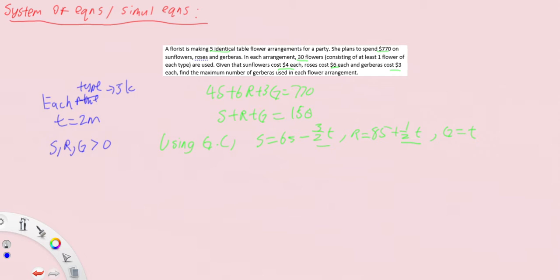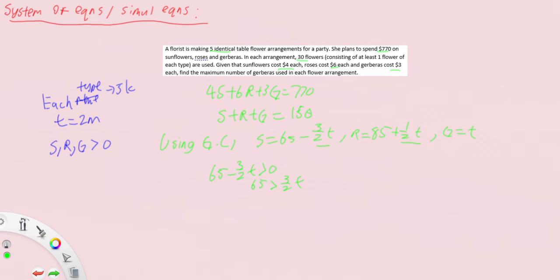Actually, technically bigger than 5, but we've already assumed that. Okay, so we now just experiment, right? If you look at our sunflowers, we have 65 minus 3 over 2 t, it'll be bigger than 0. Then we have 65 is bigger than 3 over 2 t.